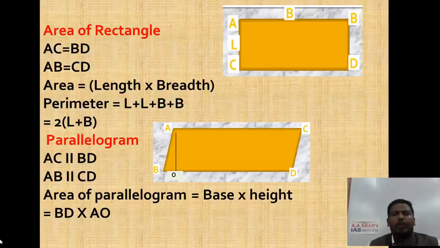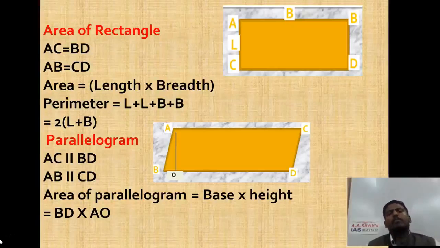When you multiply length by breadth, you get the area of the rectangle. For the perimeter, again, it becomes the sum of all the sides. So let's add all the sides, which becomes length 1 plus breadth 1 plus length 2 plus breadth 2, which means L plus B plus L plus B, which makes 2 times the bracket L plus B, that is, 2(L + B).